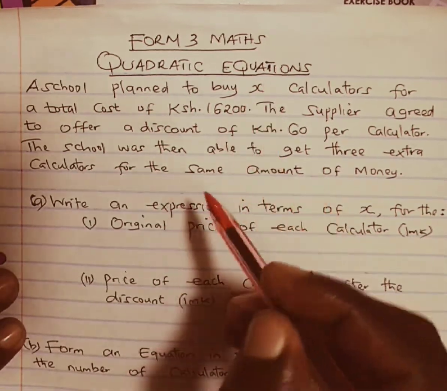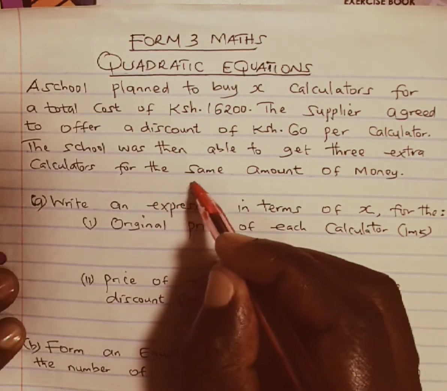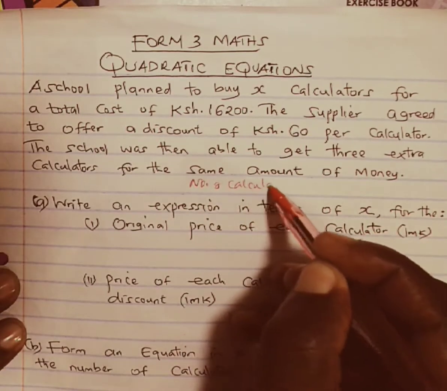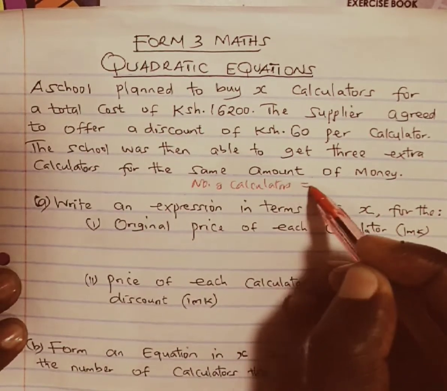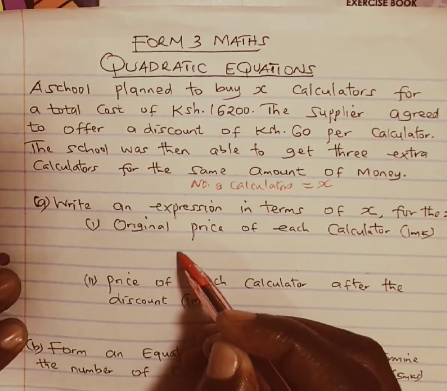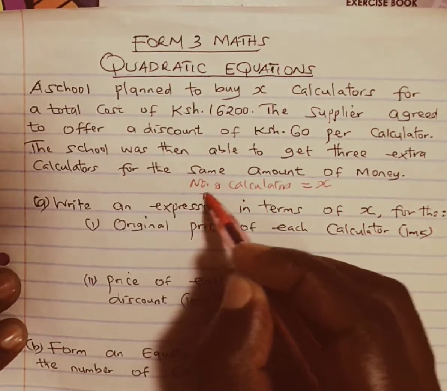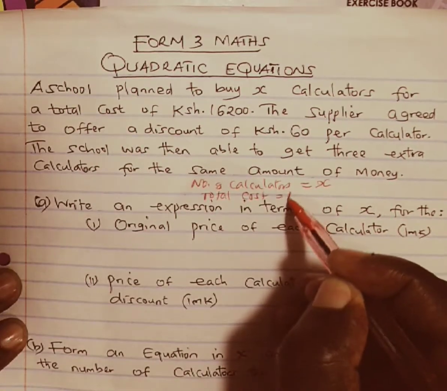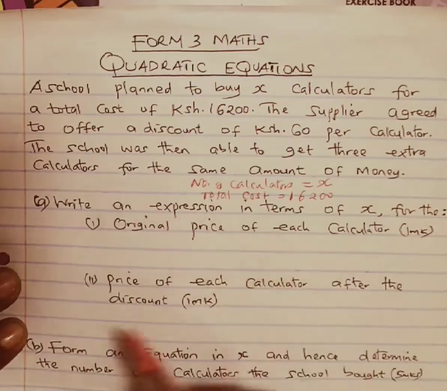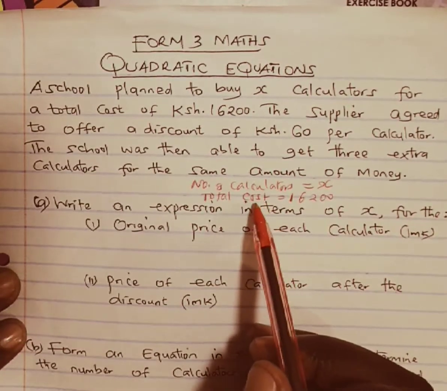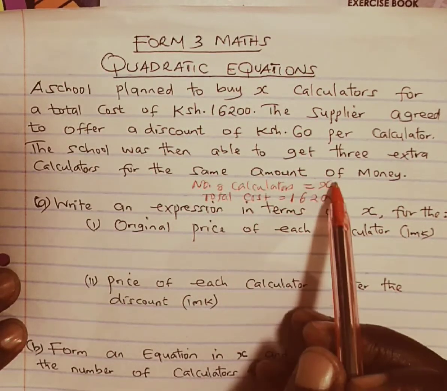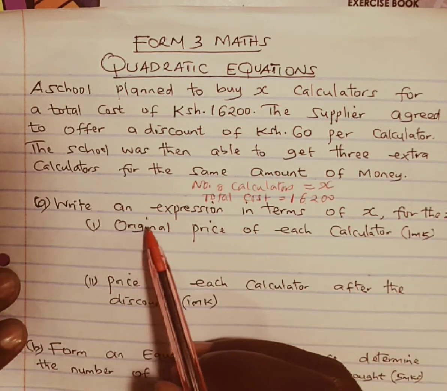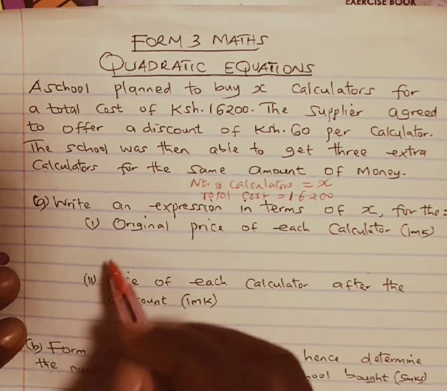So we are told that the number of calculators that were supposed to be bought were X, and they were supposed to cost a total of 16,200. So if the total cost of X calculators is 16,200, what was the original price of each calculator?